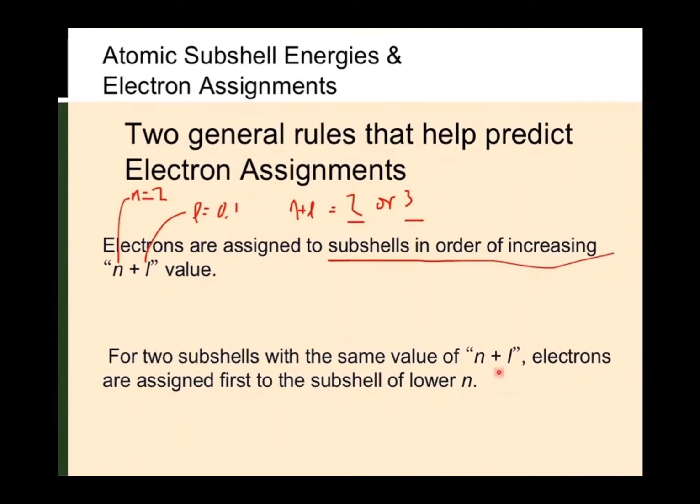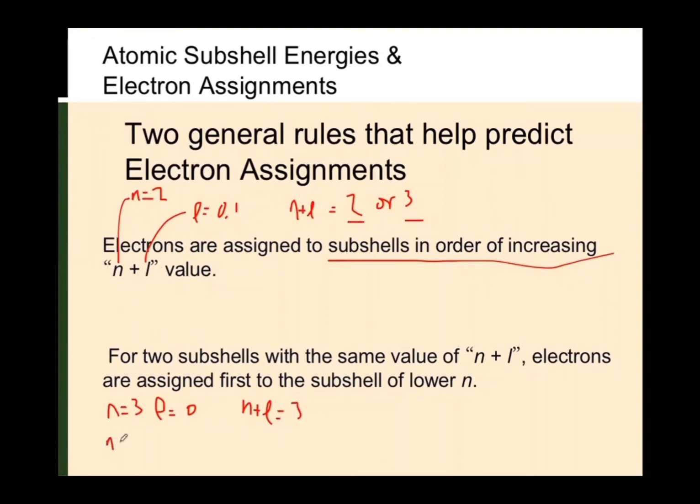Second, for two subshells with the same value of n plus l, electrons are assigned first to the subshell of lower n. For example, say we have the n equals 3, l equals 0 level. That has n plus l equal to 3, because 3 plus 0 is 3.